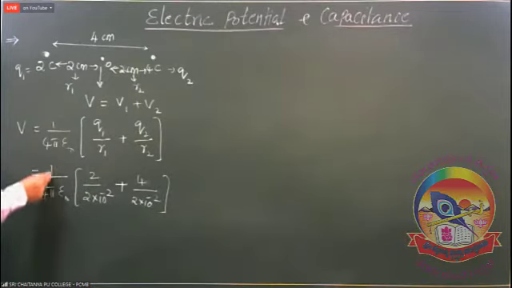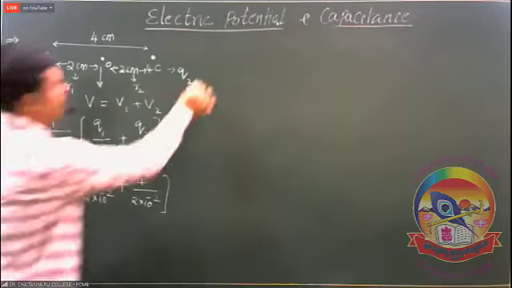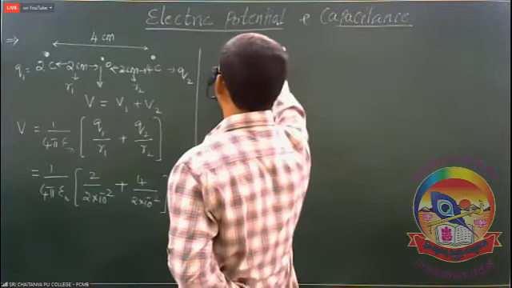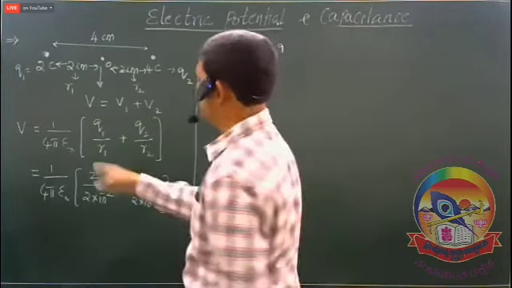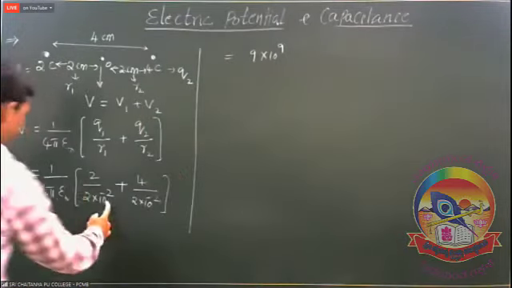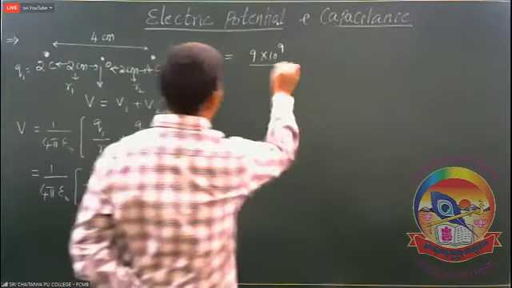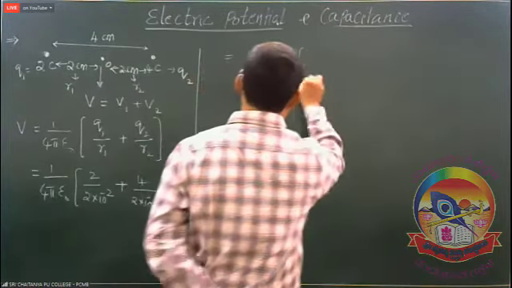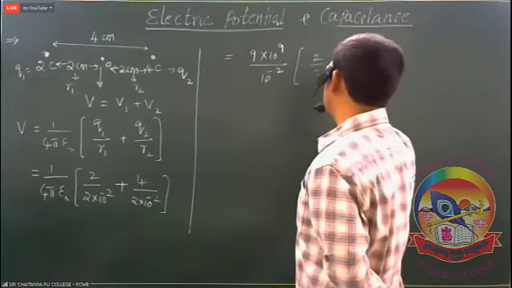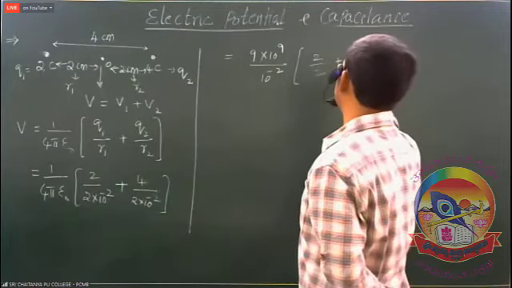1 by 4 pi epsilon naught is 9 into 10 power 9. Then if we also take out the 10 power minus 2, what remains is 2 by 2 plus 4 by 2.